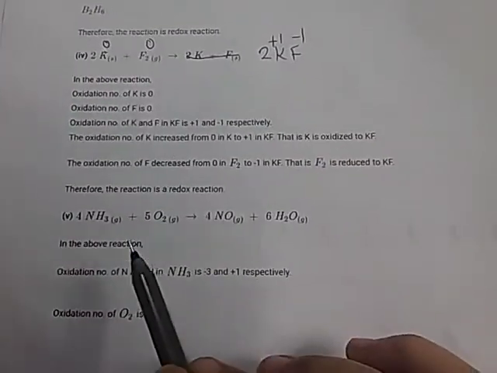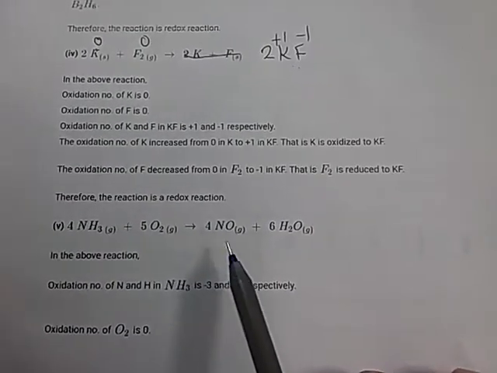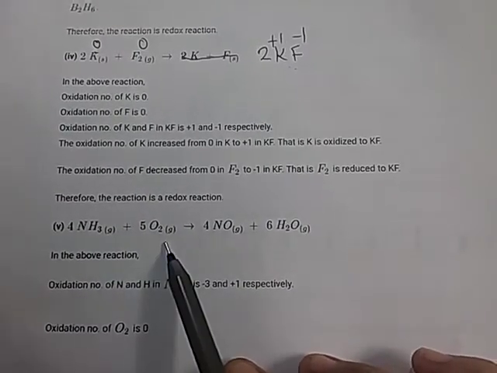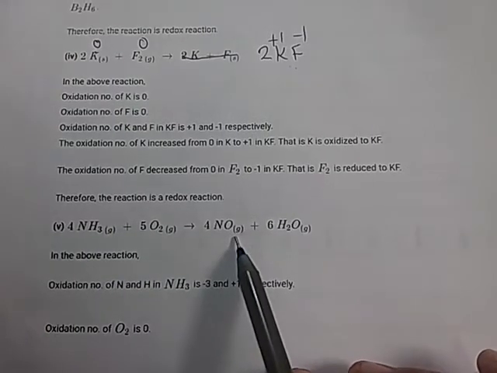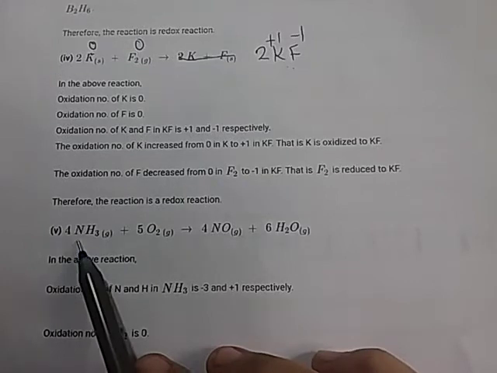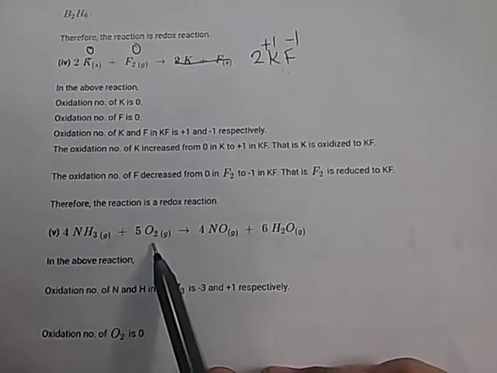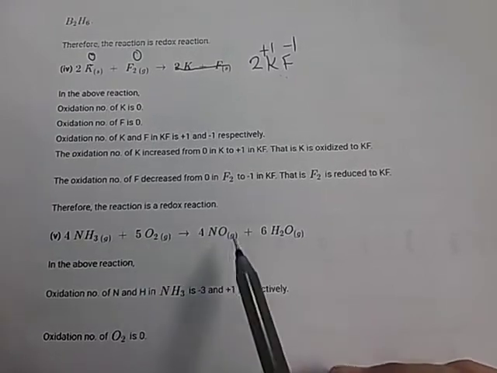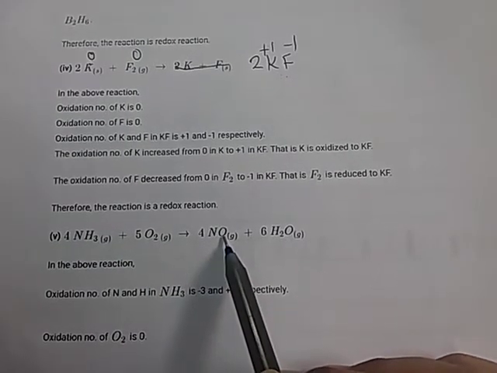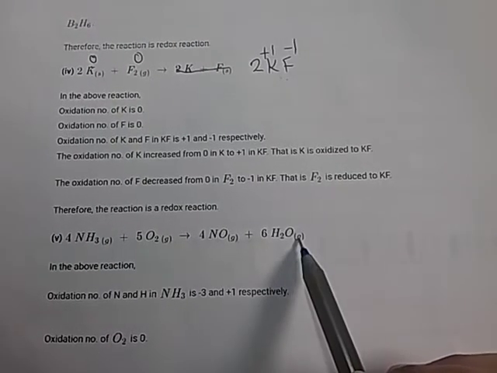Then for the fifth example, 4NH3 reacts with 5O2 and converts into nitric oxide and water. Here nitrogen is minus 3 because hydrogen is plus 1. Oxygen is elemental, so 0. In nitric oxide, oxygen is minus 2, so nitrogen is plus 2, and in water hydrogen is plus 1 and oxygen minus 2.